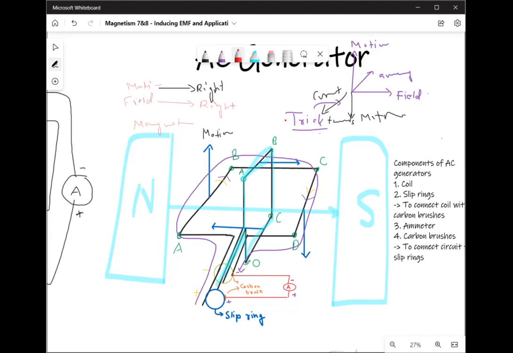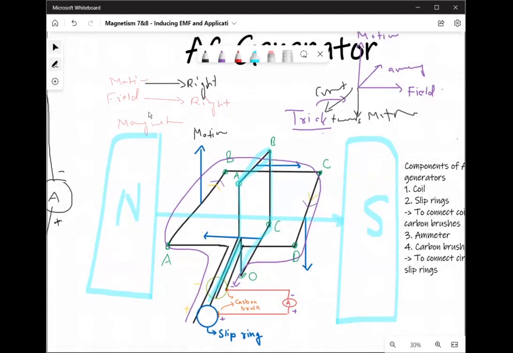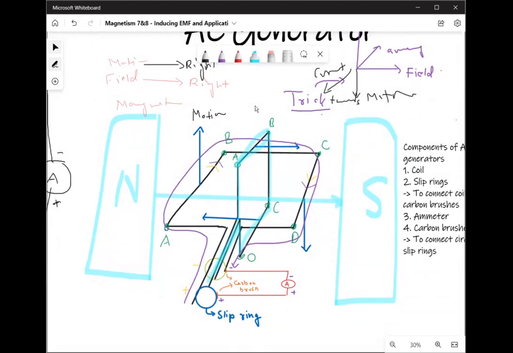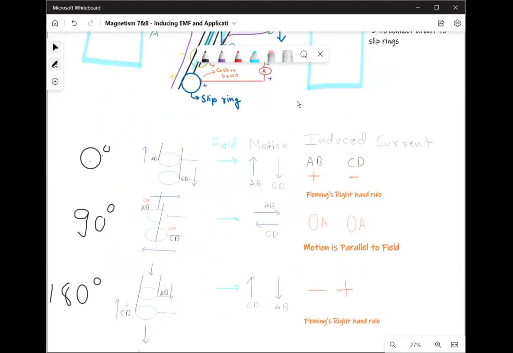No. So if in real life we have field and motion in the same direction, can you use the right hand rule? No, because you can't point both the thumb and the finger in the same direction. So if motion and field are in the same direction, the current becomes zero. Because they're in the same direction.